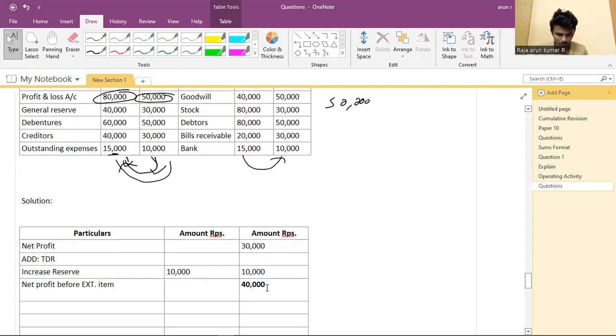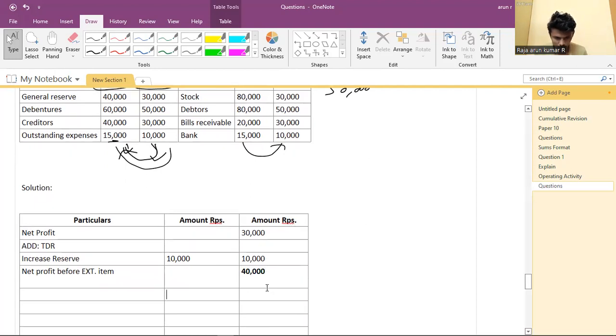Then step number 2: add the non-cash items, expenses and losses. What are the non-cash items, expenses and losses?